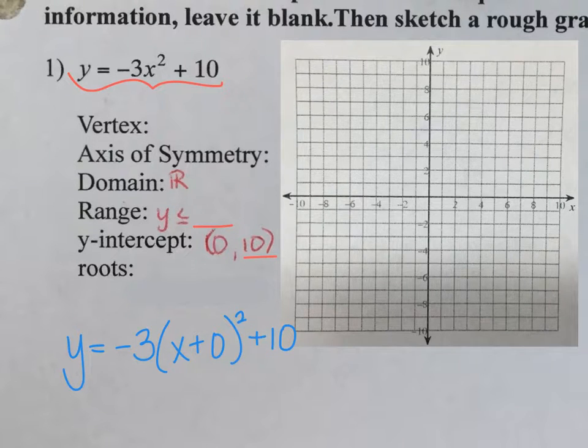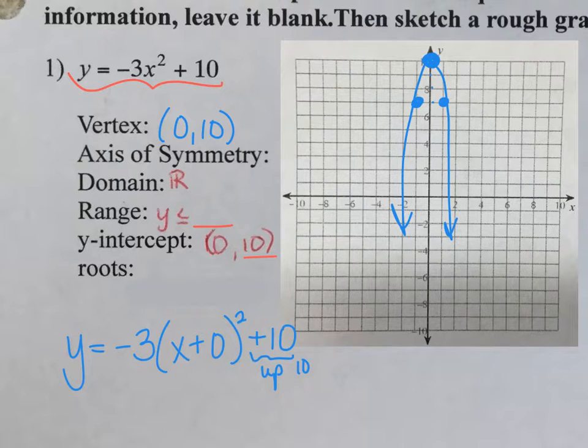And what this means, from your IXLs you may remember, is that we're only going to move up 10. We're not moving over any, so my vertex is going to be (0, 10), and that's where I'm going to start graphing. I know my slope is -3, so I'm going to go down 3 and to the right one and to the left one so that I get my nice pretty U. May not be pretty, but at least it's there.